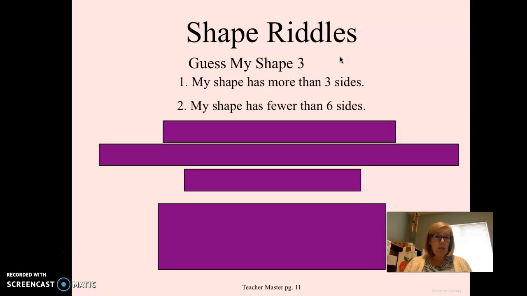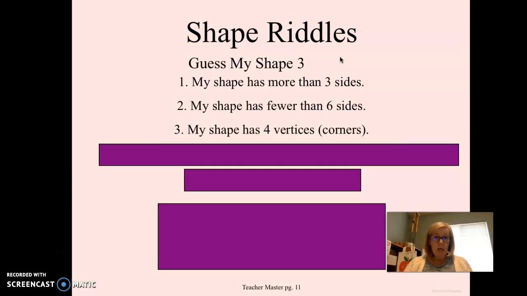My shape has fewer than 6 sides. So looking at the shapes you have left, if it has fewer than 6, then the hexagon must go because it has 6. Fewer is less than.